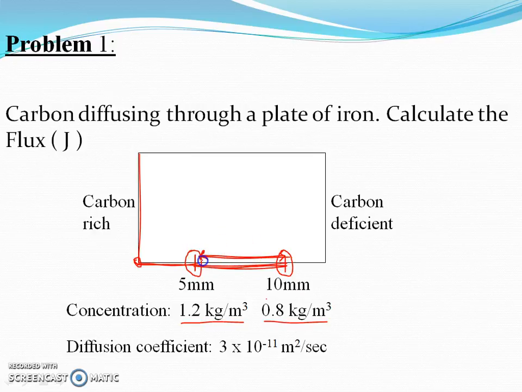What else we require for calculation is the diffusional coefficient or the diffusivity. And for carbon, with respect to iron plate, this is nothing but 3 into 10 to the power minus 11 meter square per second in SI unit. It is quite evident that the diffusivity is a very low value because this time carbon is diffusing through a solid plate.